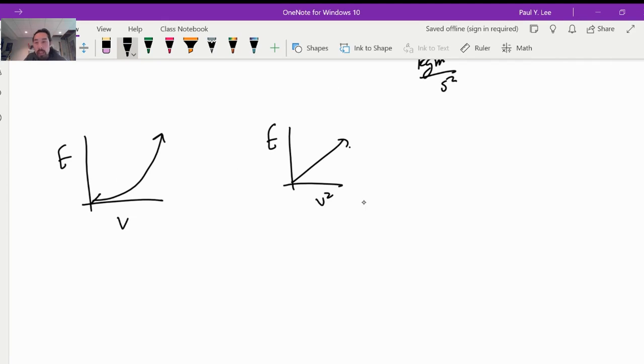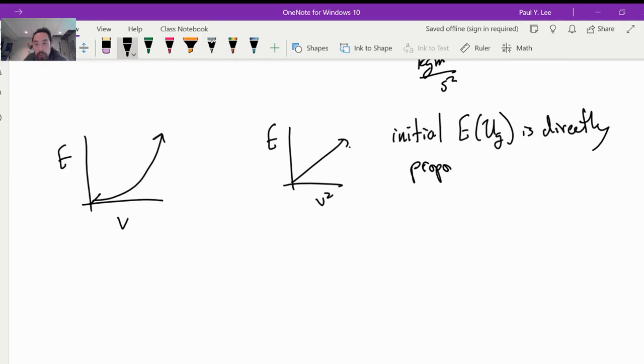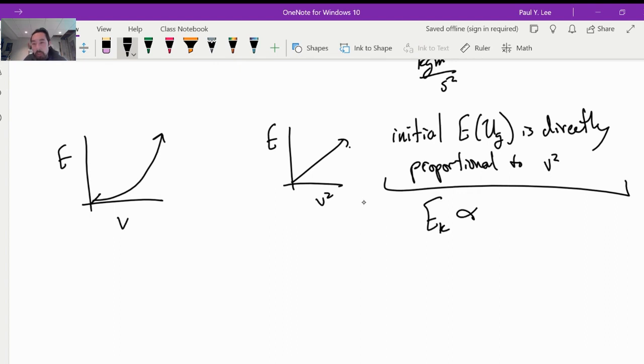So we can say that the initial energy, and in this I'm going to put in parentheses UG, is directly proportional to v squared. Now, for us to get ready for the FRQs, we can say that this initial kinetic energy is directly proportional to v squared, like so.